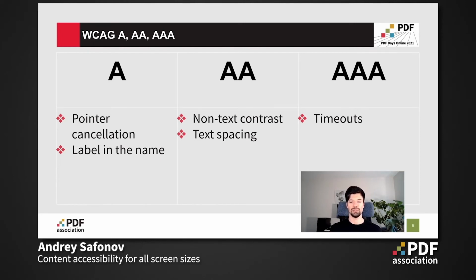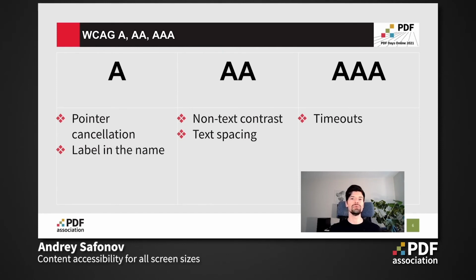We also want to make sure that we have all the labels in the name. And one of the other things that we haven't touched on is timeouts. Ideally, we want to have no timeouts at all. What we mean by timeouts is ensuring that the user has as much time as they need to complete a certain task.